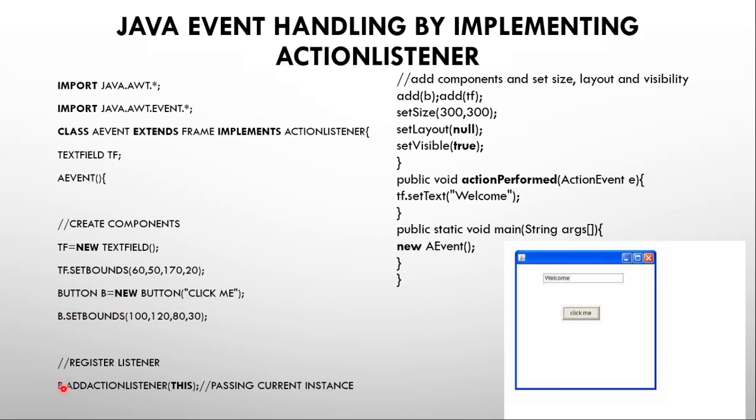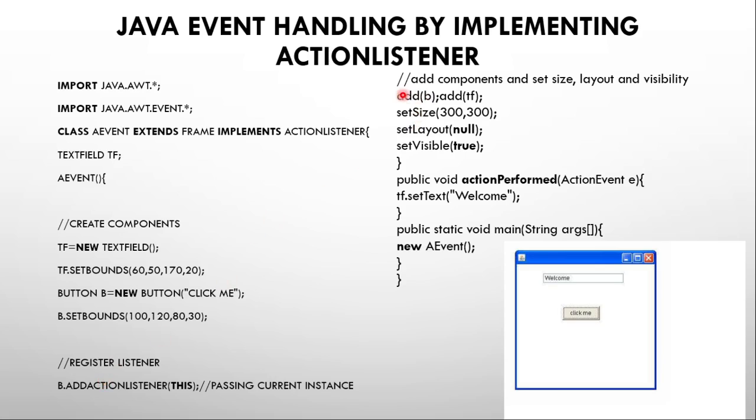So I need to register that one, that is b.addActionListener(this). This refers to this, right? Which means that this listener got registered with this event. So whenever I click on the button, this registered listener will keep on listening, then it will be executed, right, whenever an event is performed.